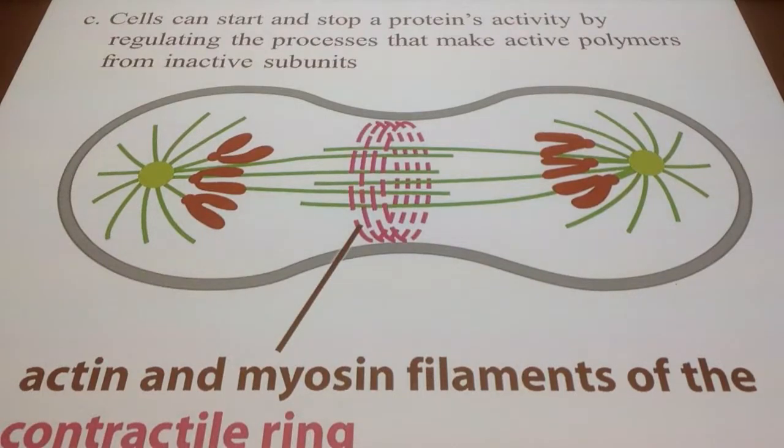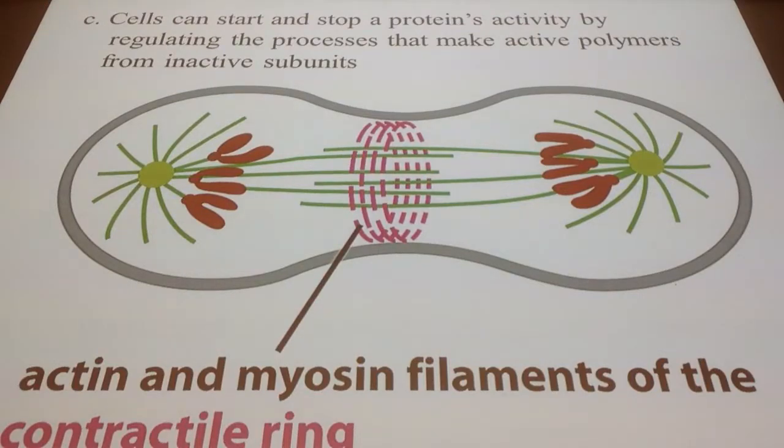Polymerization, just to repeat another idea, is during cell division, and you remember the cell pinches. The cell pinches through the polymerization, and then the assembly and disassembly of the microfilament.